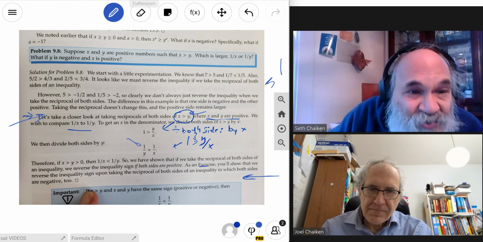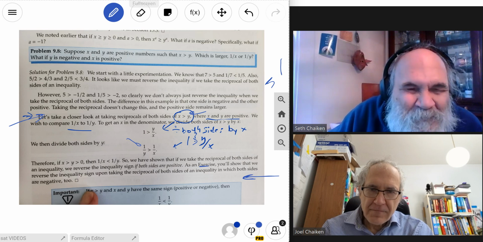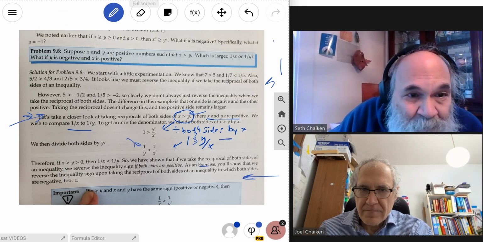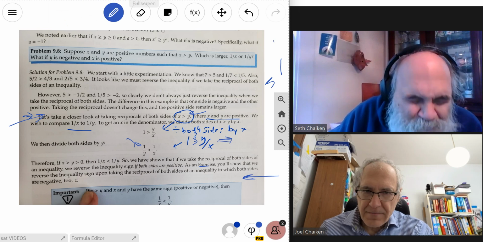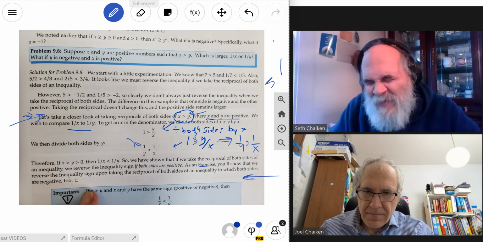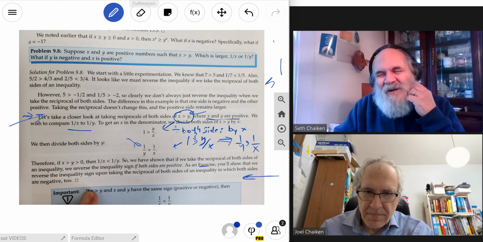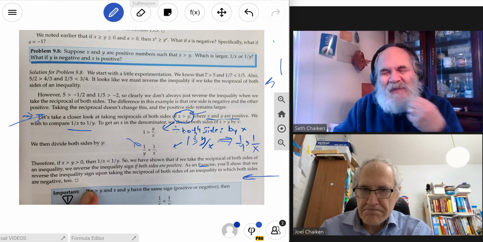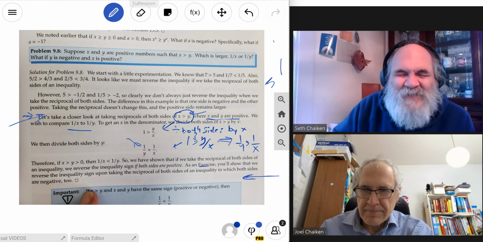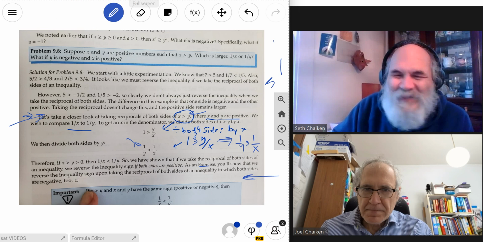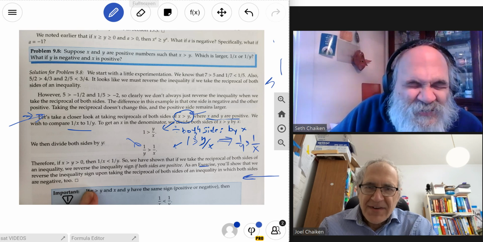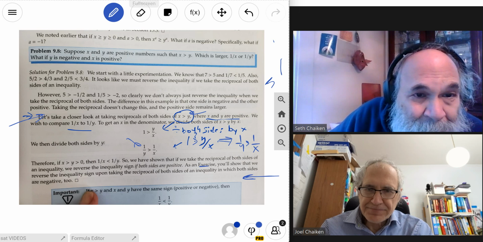So I'm allowed to use the principle, divide both sides by a positive number. Now, trouble is, the problem at hand is for negative numbers, right?